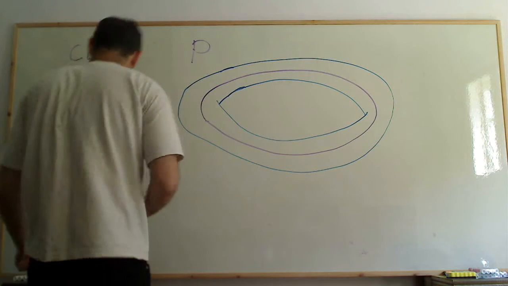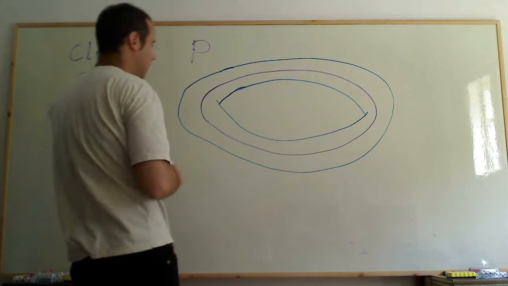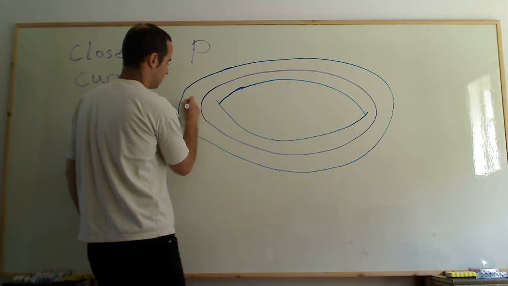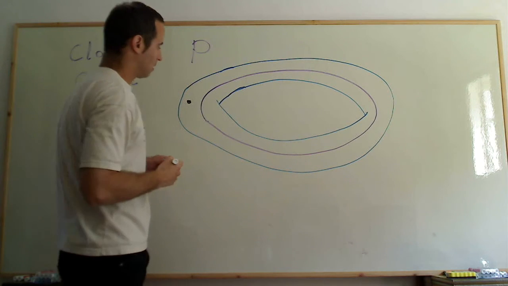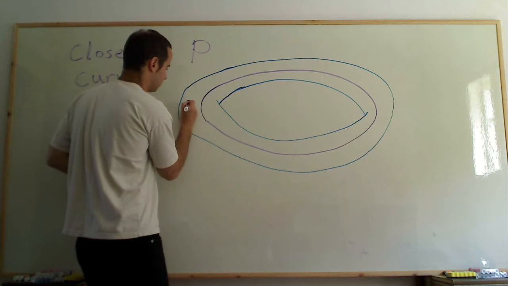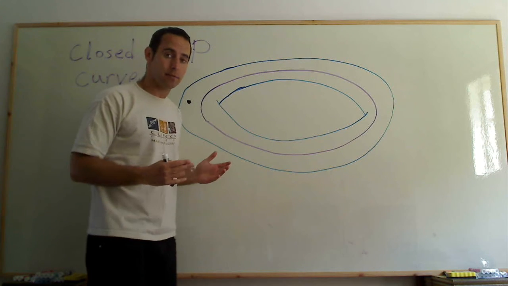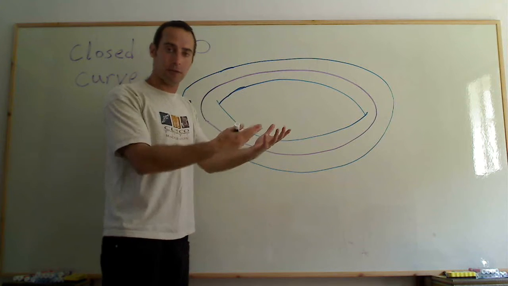So if we put again a point somewhere, like here or here, it doesn't matter. There isn't an inside and outside, like inside Australia or outside Australia.